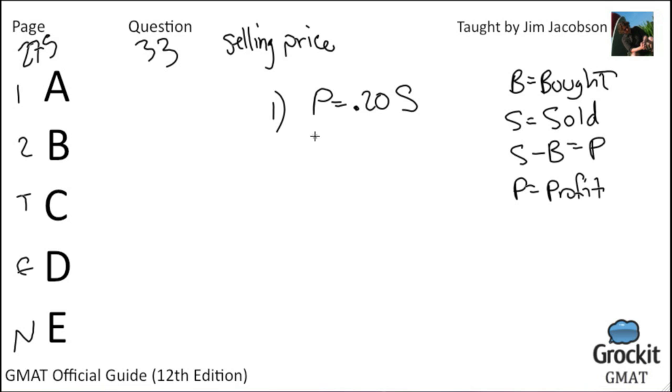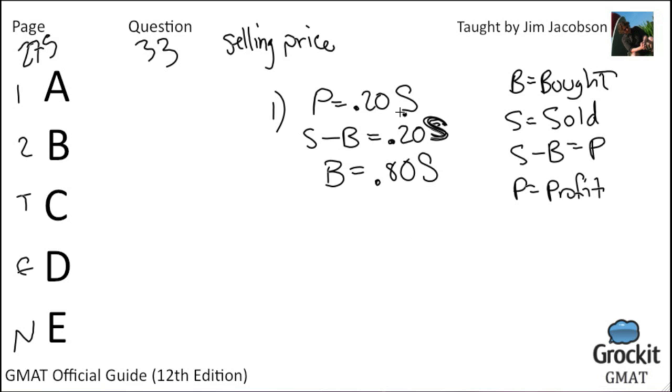We can say that S minus the price that the merchant bought it for equals 0.20S. We can subtract 0.2S from both sides. This is an S, not a 5. And add a B to both sides, so we get the price that the merchant bought it for equals 80% of the selling price.